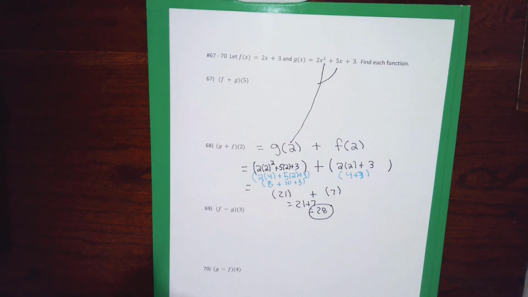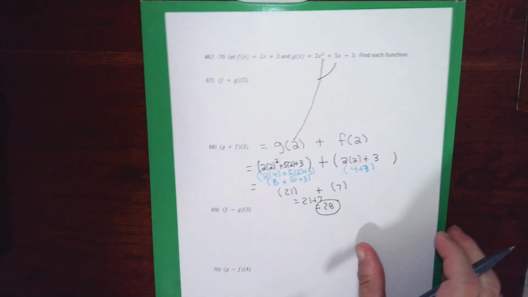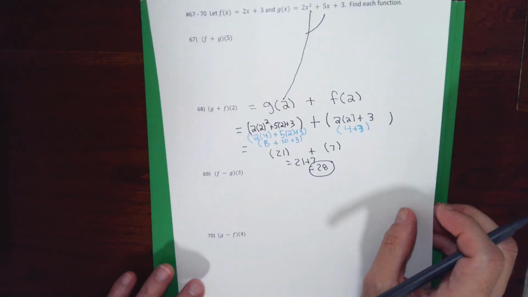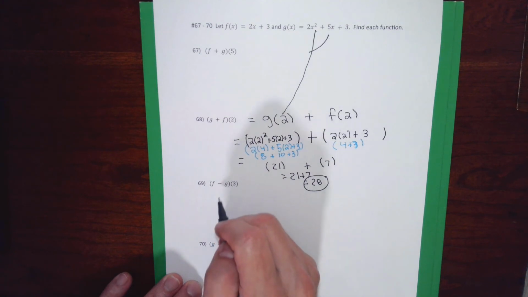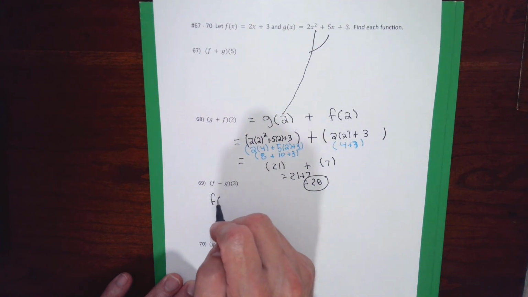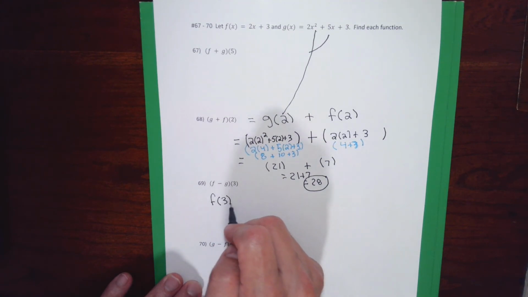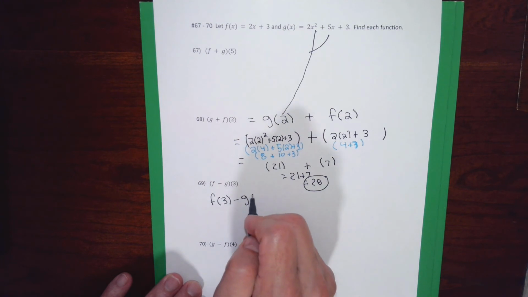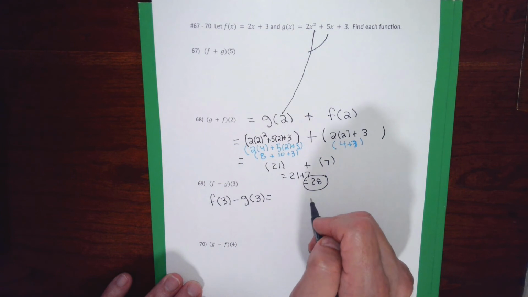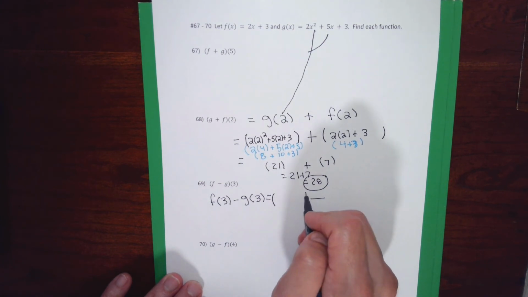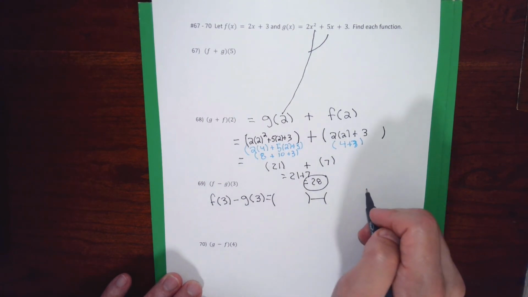Let's do 69 together, and then we'll do a problem or two on the next page. So 69 wants me to do f minus g of 3, and that's really f evaluated at 3 minus g evaluated at 3. I'm going to create my template here.